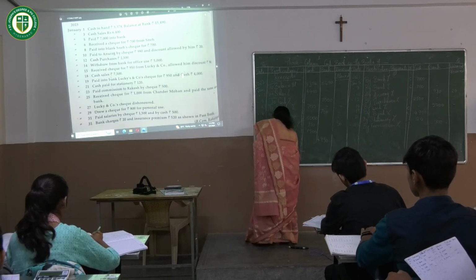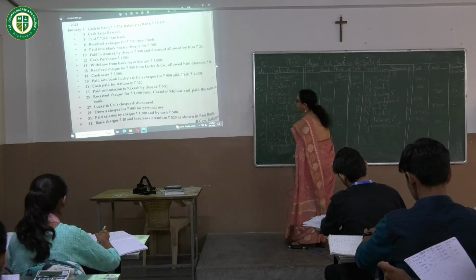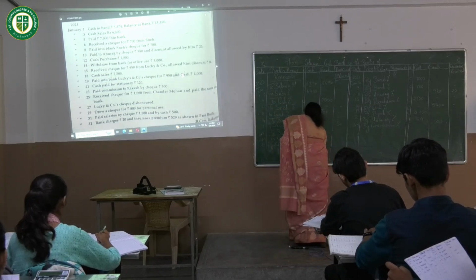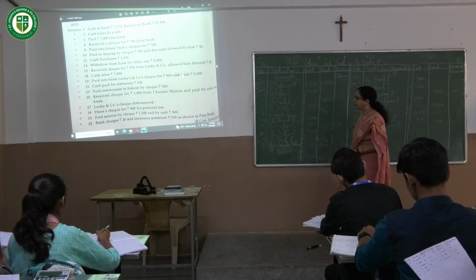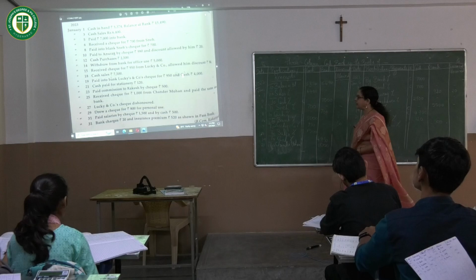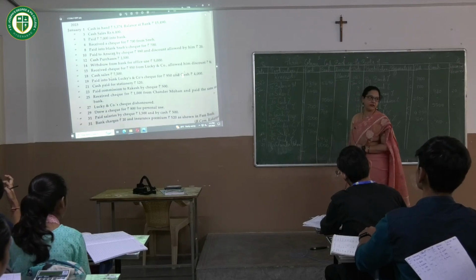We have received a check and we have paid it into the bank on the same day. So I will write 1,000 rupees directly in the bank column. There is no need to write it in the cash because it is mentioned very clearly that he's paid it on the same day. Done till here, everybody? Yes, ma'am.